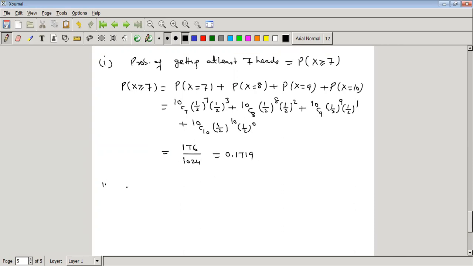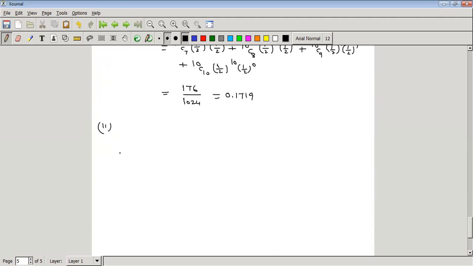What is the second part? We have to find the probability of at least 6 heads, which means P(X greater than or equal to 6). We can write this as P(X = 6) plus P(X greater than or equal to 7), since we have already calculated 7, 8, 9 and 10.